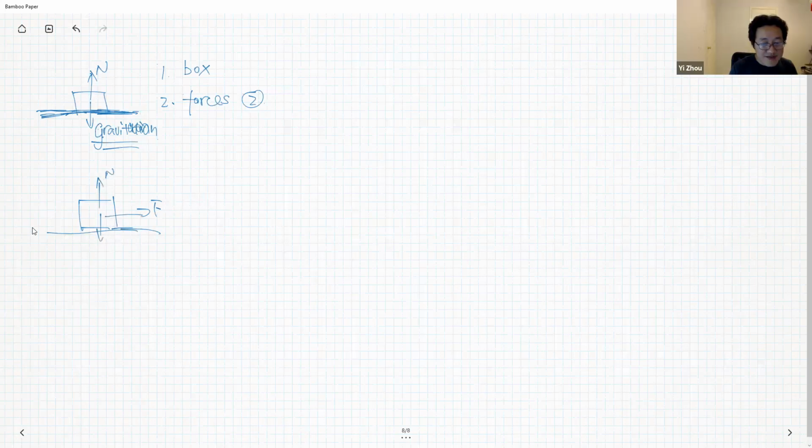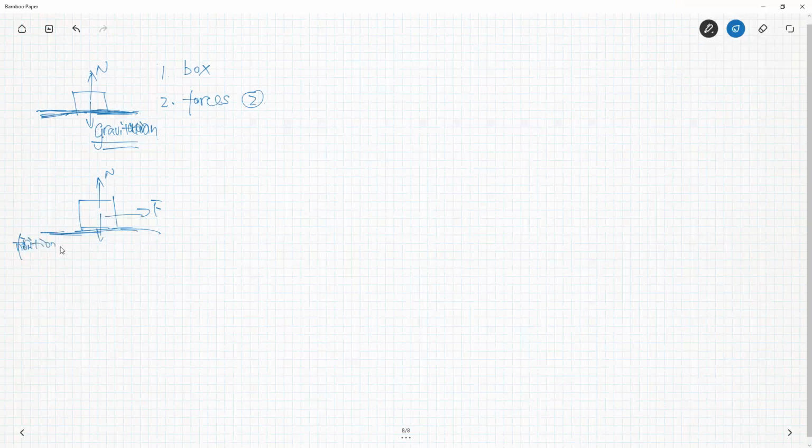Okay, I haven't talked about friction yet. Let's talk about no friction right now, a frictionless surface. If it's a frictionless surface, there are only 3 forces. So how do you want to choose your coordinates in this case?